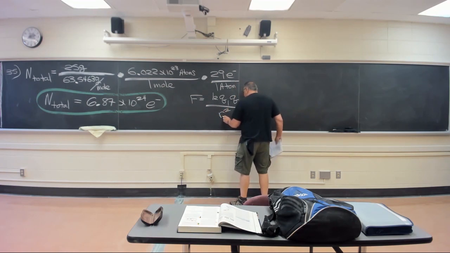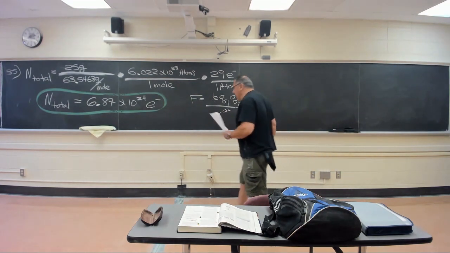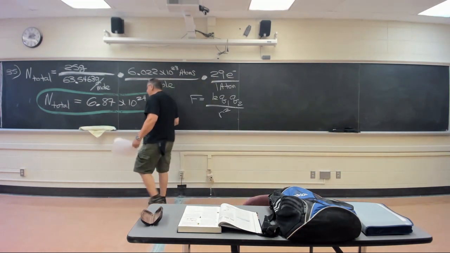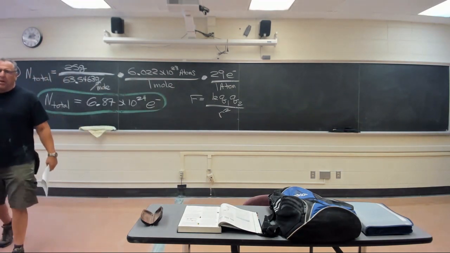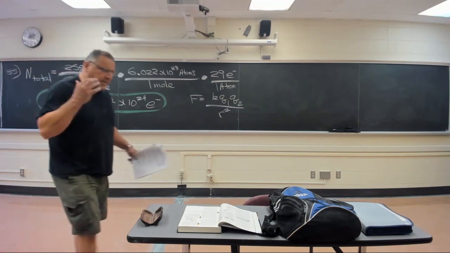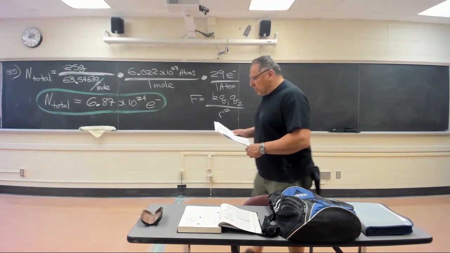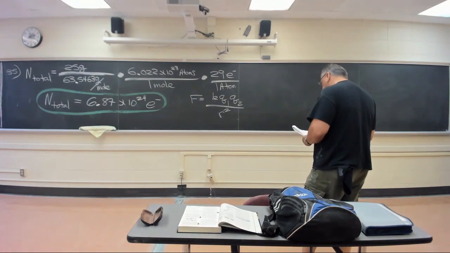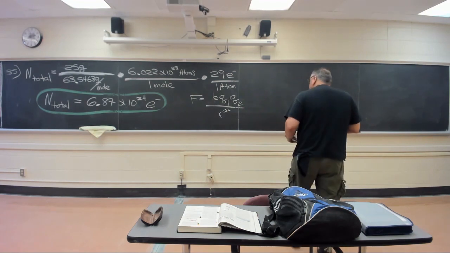This is 75 centimeters, which is 0.75 meters, squared. K is what it is. Q1, Q2. Whatever one of them loses, the other one gains. The loss of one is a net positive charge equal in magnitude to the net negative charge gained by the other. So whatever happens to one is going to happen to the other. This may be easier done than said.